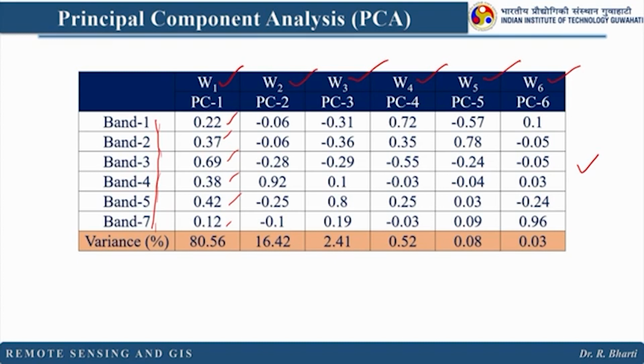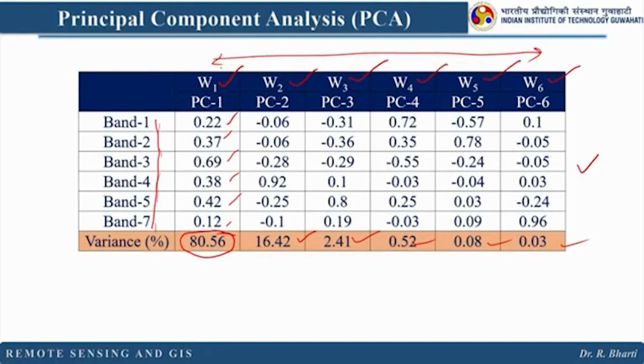What is the role of the eigenvalue here? If you see, this is maximum here, so the maximum eigenvalue will be ranked first. This complete matrix has been ordered based on eigenvalue: this is the first PC, this is the second PC, then third, fourth, fifth, sixth. But if you want to apply truncated WR, then out of 6 you can have only 2 or 3 principal components in your output.